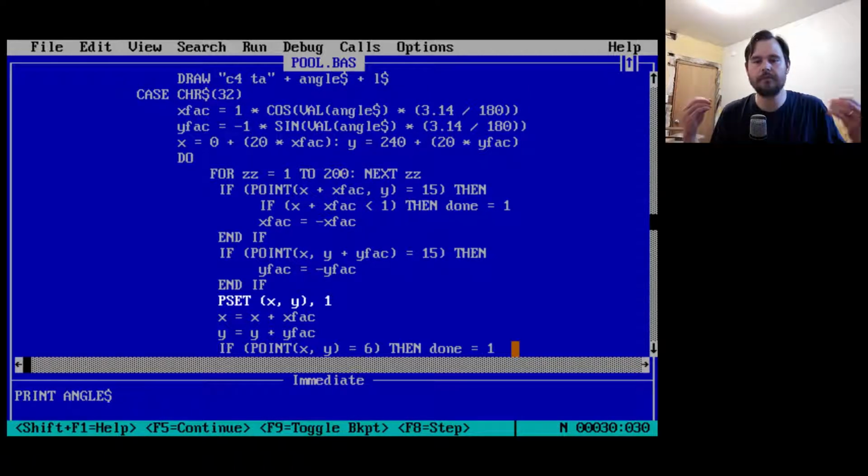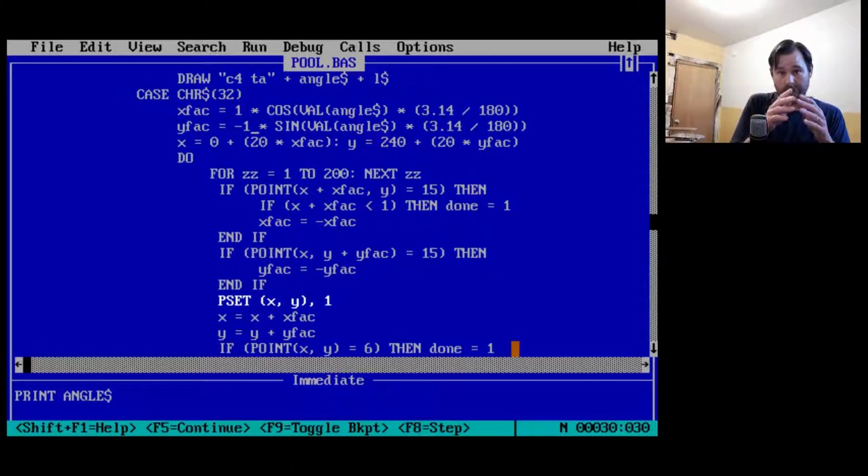Because the way we check for a collision is look at where we were going to draw the ball. Is it white? Then a collision happens. But here's the thing.